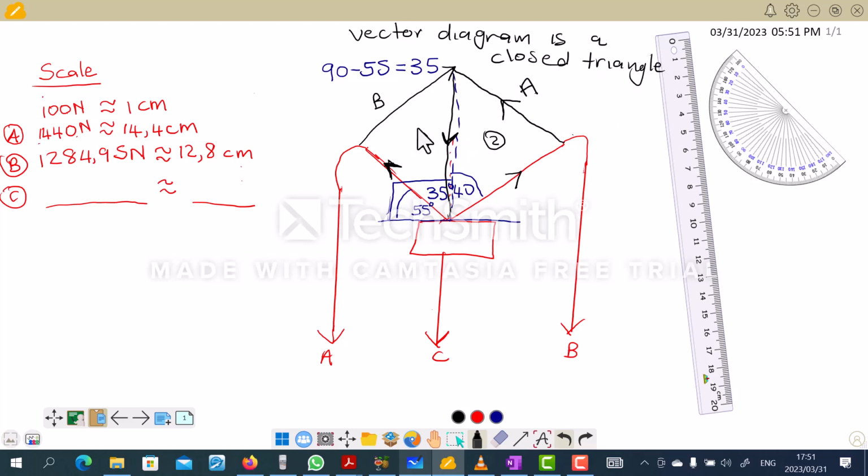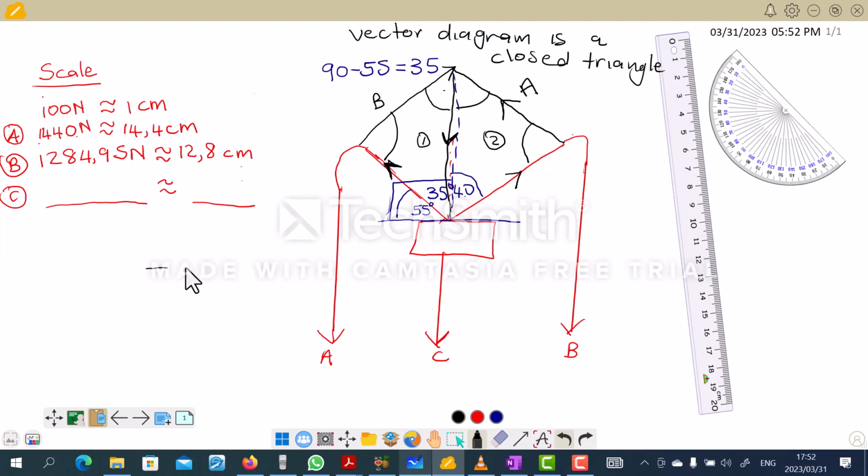So we need to choose now between these two triangles, but before we choose, we must get all the angles. We need to find this angle and that angle if you choose triangle 1. But if you want to choose triangle 2, you have to find that angle and that angle. So let's look at triangle 1. For triangle 1, this angle 40 and this angle are alternate angles.